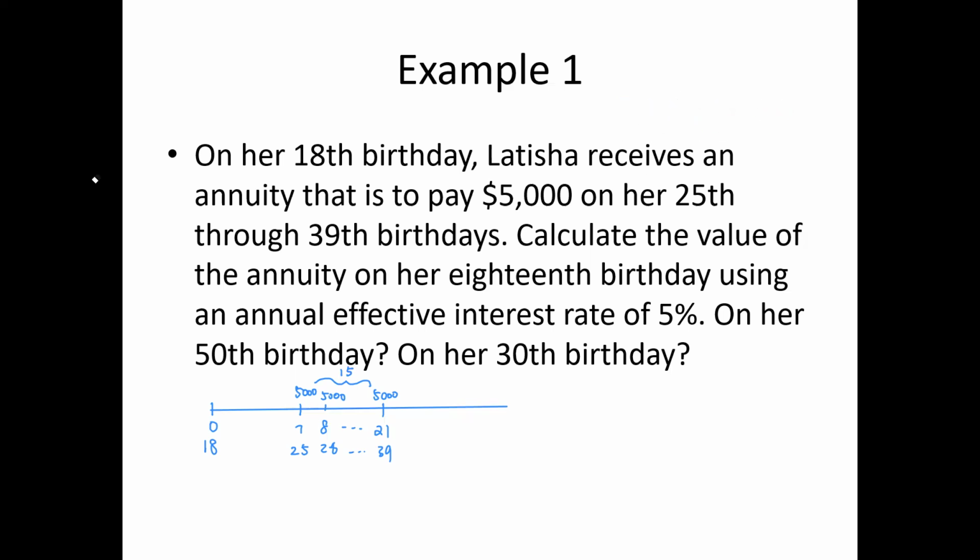All right. So when you look at these 15 payments, you can work with the annuity due, the present value at 24, or you can consider it as annuity immediate. Then you need to work with the time at 25. Either way is okay.